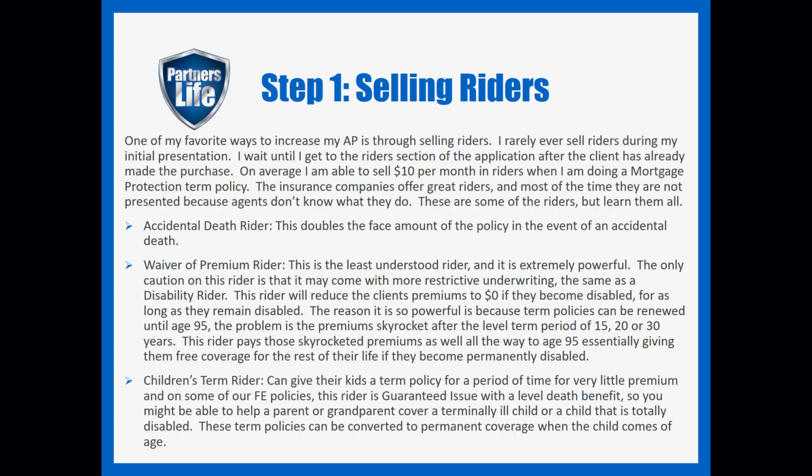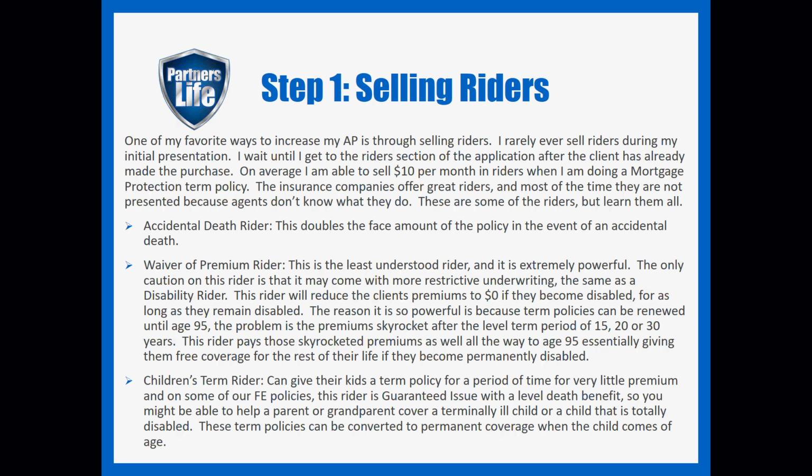So think about this. Do you know anybody that has a terminally ill child or a severely disabled child? Well, they can't qualify for a children's policy on the child themselves. Sometimes you may find that the desire to get coverage in place for some of these unfortunate children might be such a big concern that maybe a parent or a grandparent will buy a policy for the sole purpose of getting coverage on their child.